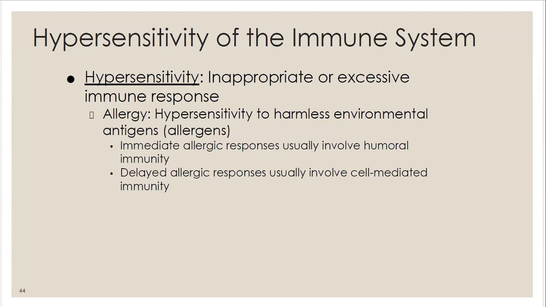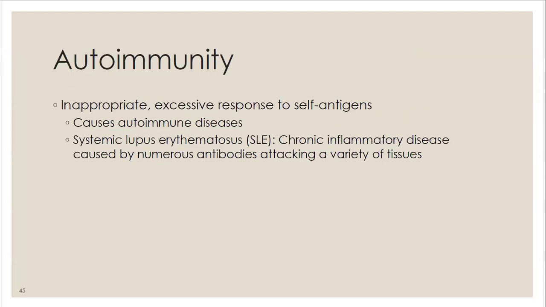So these mechanisms demonstrate how an overactive immune response can lead to discomfort, inflammation, or it can even be life-threatening. Autoimmunity arises when the immune system mistakenly targets the body's own tissues as foreign invaders.